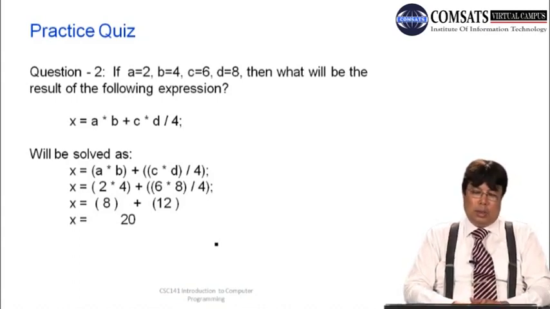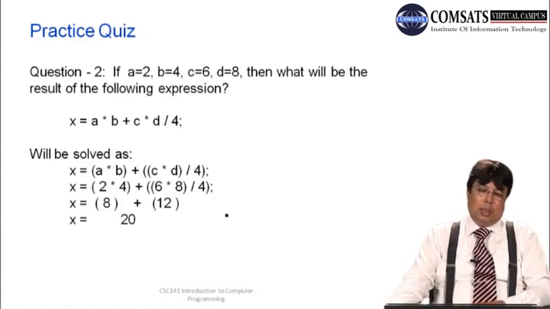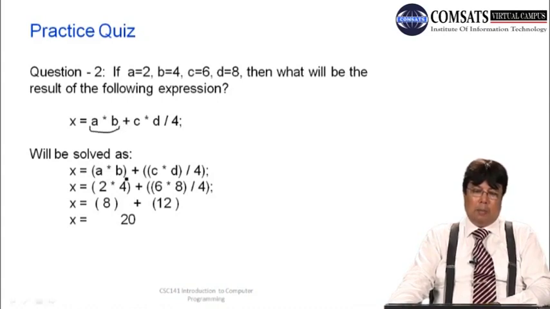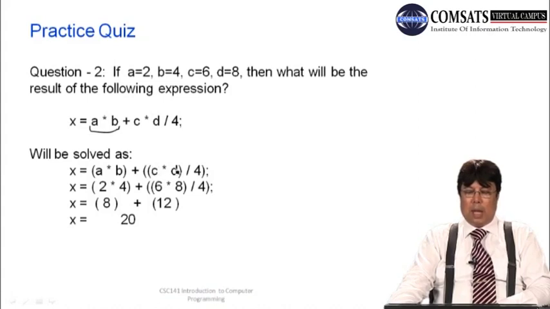First of all, it will perform the operation between A multiplied by B, so we place the bracket around A multiplied by B. Then between plus and multiplication, multiplication has got higher precedence. Then multiplication and division have the same precedence level, but since multiplication comes first from left to right, the winner is multiplication. So next it will execute C multiplied by D.